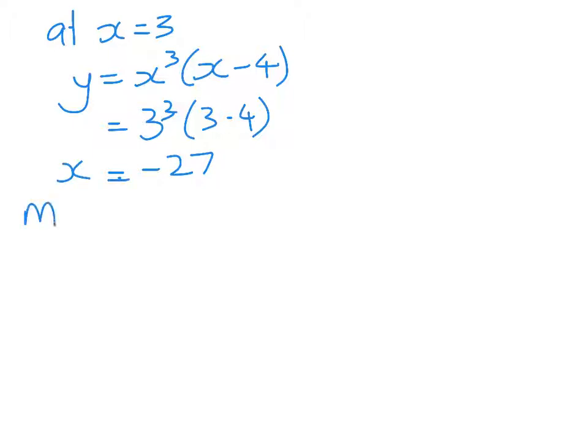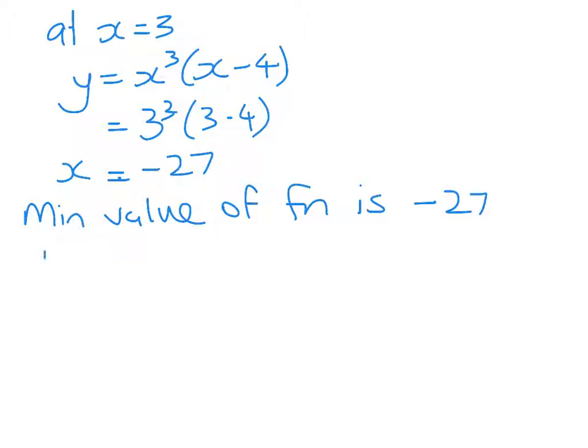So the minimum value of the function is negative 27 when x equals 3. Okay, so that's my coordinate, right? So 3, negative 27.